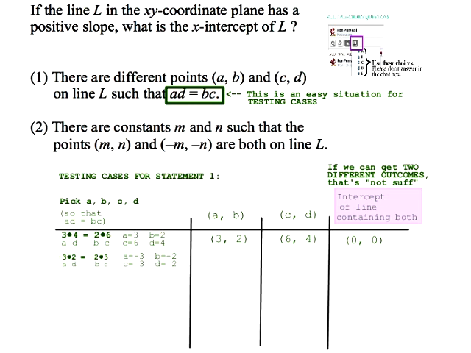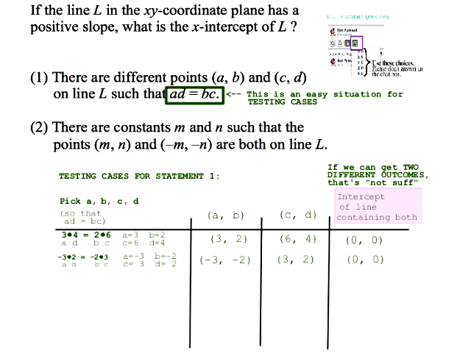So this point is -3, -2, and this point is 3, 2. So that 0, 0 is exactly halfway between those. Same thing.